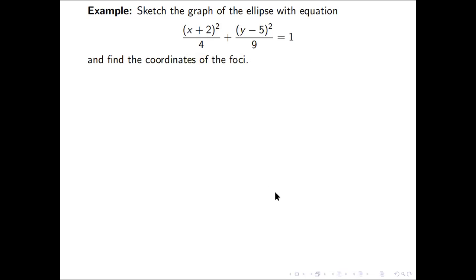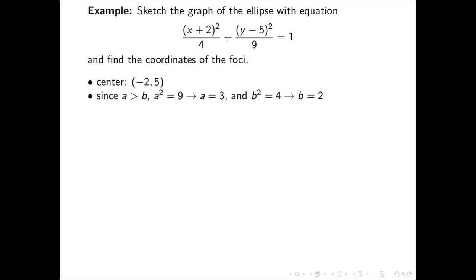So the equation is already in standard form. Right away we can tell the coordinates of the center. We equate each factor to 0, and we know the center to be at (-2, 5).